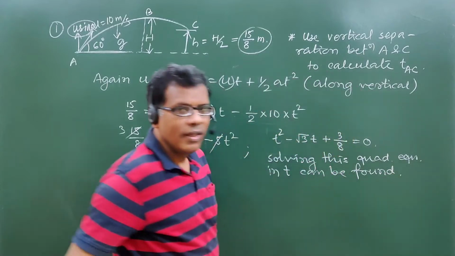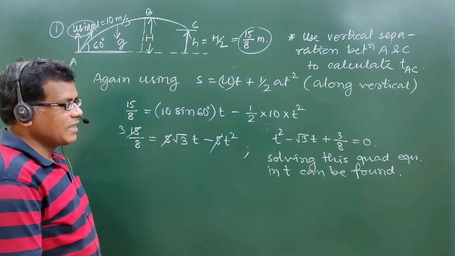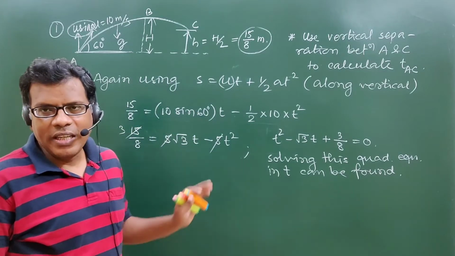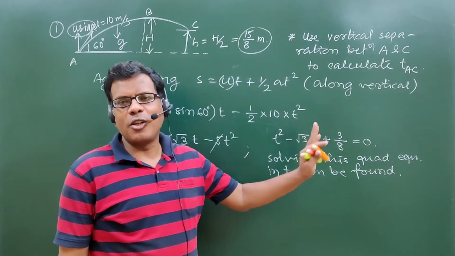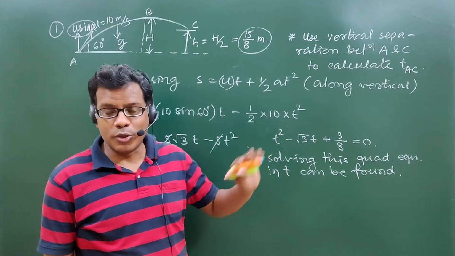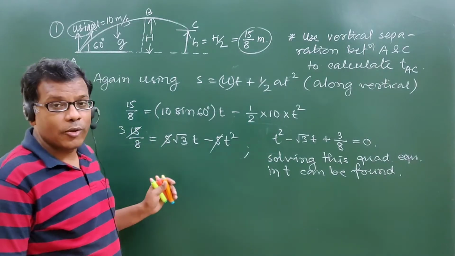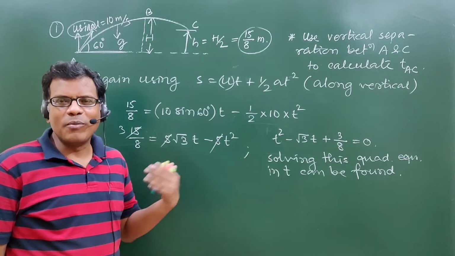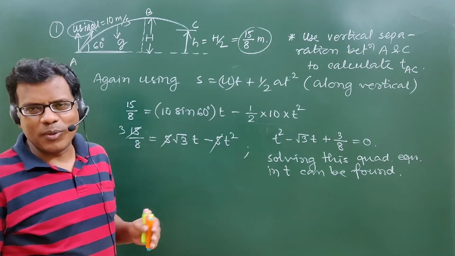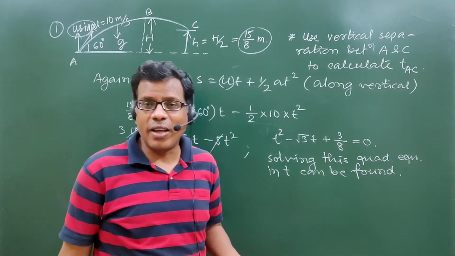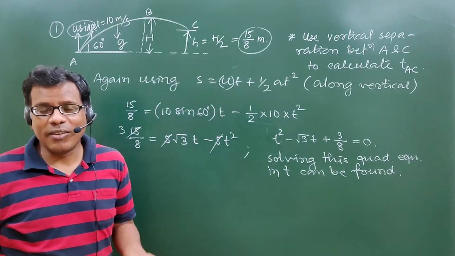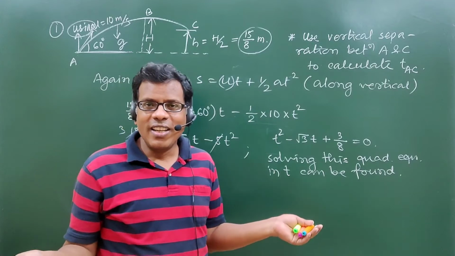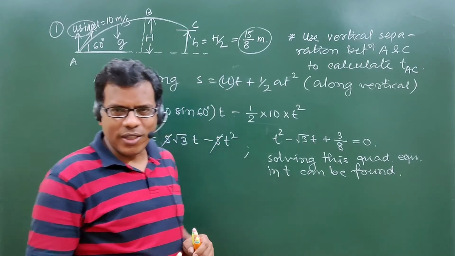Now the question arises, if we get two real solutions of t here, and both are positive. Sometimes it happens in a quadratic, for finding time of journey from one point to another point, that we get only one valid value of t and the other value gets cancelled. Suppose t comes negative, obviously we can't consider time as a negative quantity.